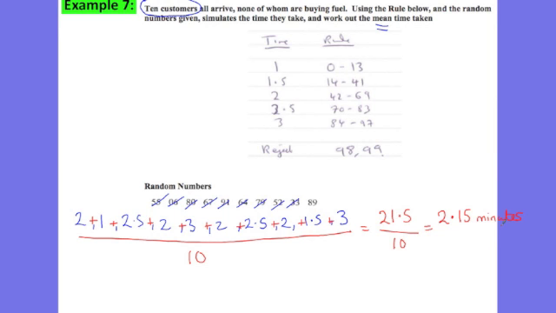So here, using our probabilities and our rule, we can simulate a situation where we have 10 potential customers arriving, seeing where they fall given our rule, and then we can calculate the mean time taken.